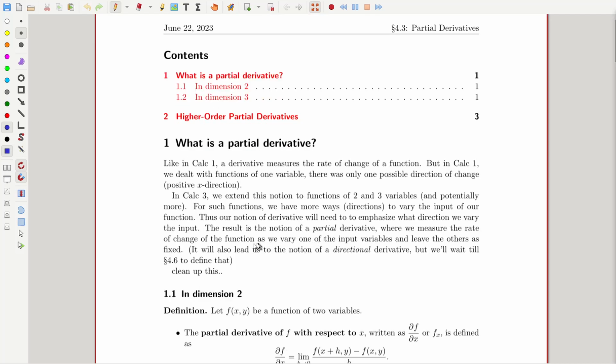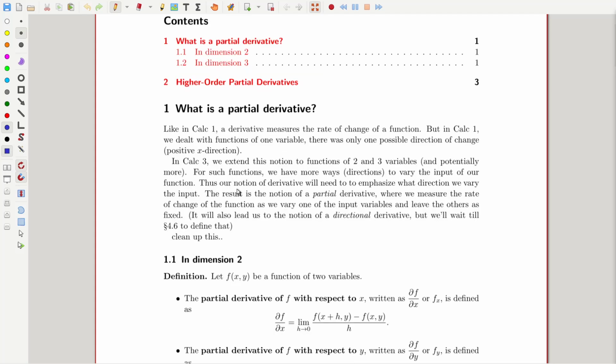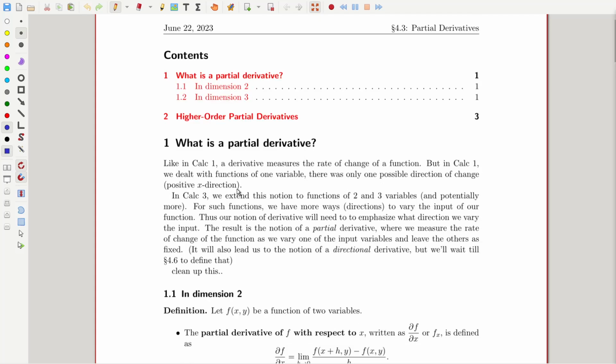The main point is that in Calc 1, we had only one direction that we could change our input variable. We only had one input variable, x.